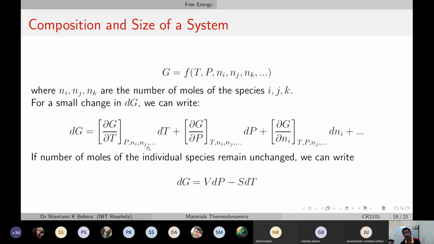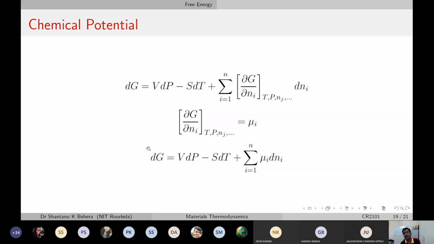Now, if you just talk about the change in the price of the system with the introduction of one type of fruit, that's del G by del Ni, while the others are kept constant, right? So this quantity is called the partial molar free energy.